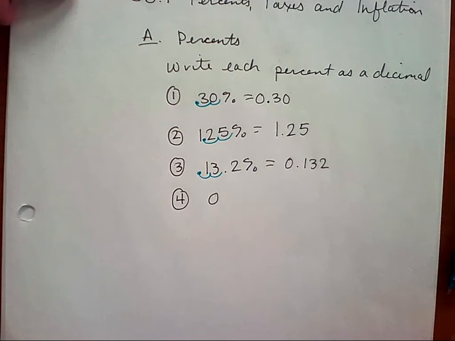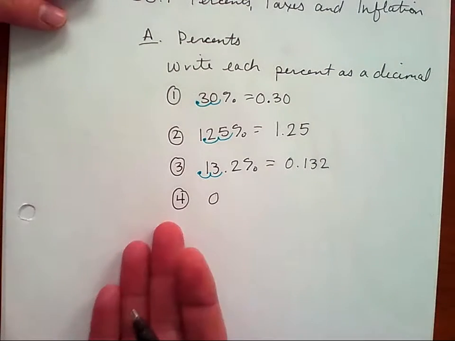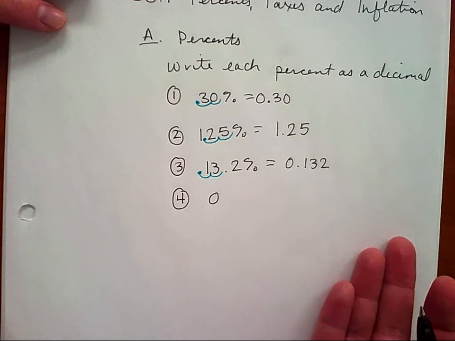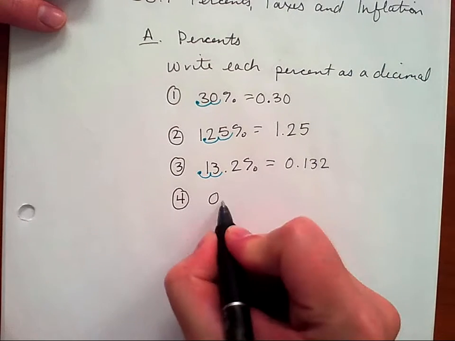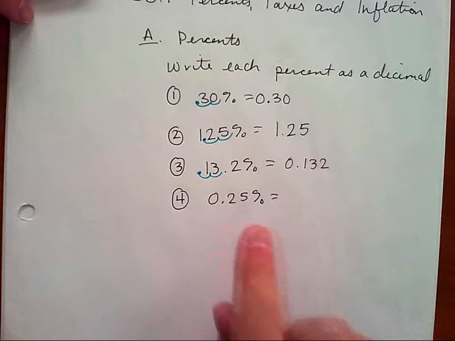I think I just heard on the radio that the government is discussing a 0.25% sales tax increase. Can somebody help me write that as a decimal? That's 0.25%. That's 1/4%.